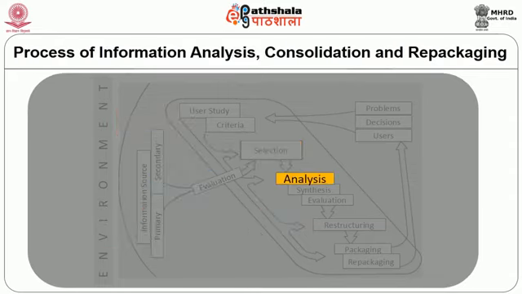You can see the slide where step number 2, that is information analysis, is outlined. Selection and evaluation are followed by information analysis and synthesis to be used in the products and services for dissemination to the target special users.